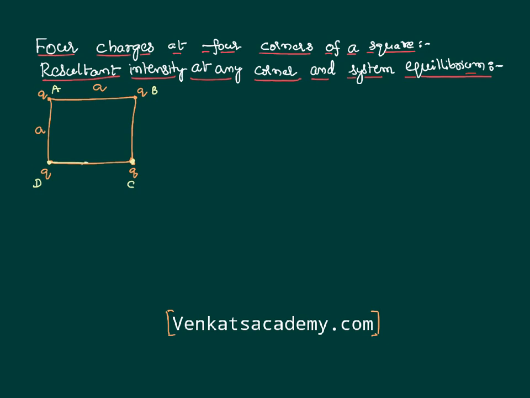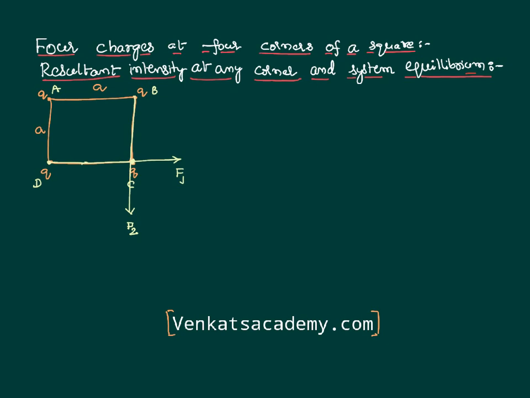On the charge at the corner C, the charge at D applies a repulsive force. Let me call that F1. And the charge at the corner B also applies a repulsive force because they are also similar charges. So let me call that F2.